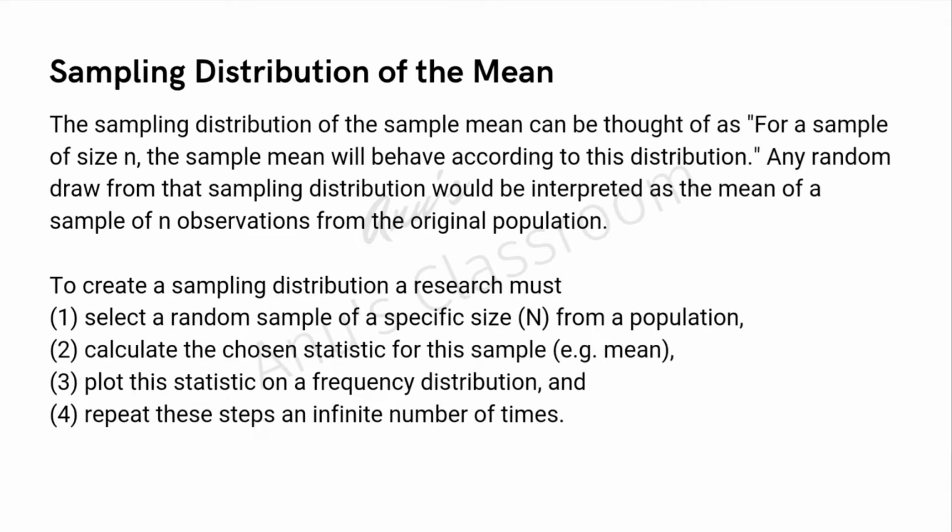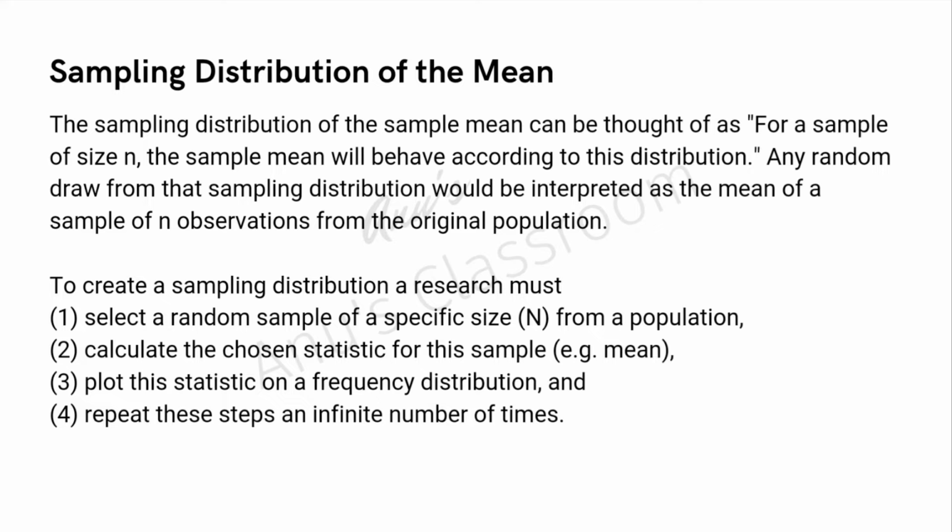Now, the sampling distribution of the mean can be thought of for a certain sample of, let's say, 50 people. Consider the example where we are trying to find the mean height of people in Thrissur district.